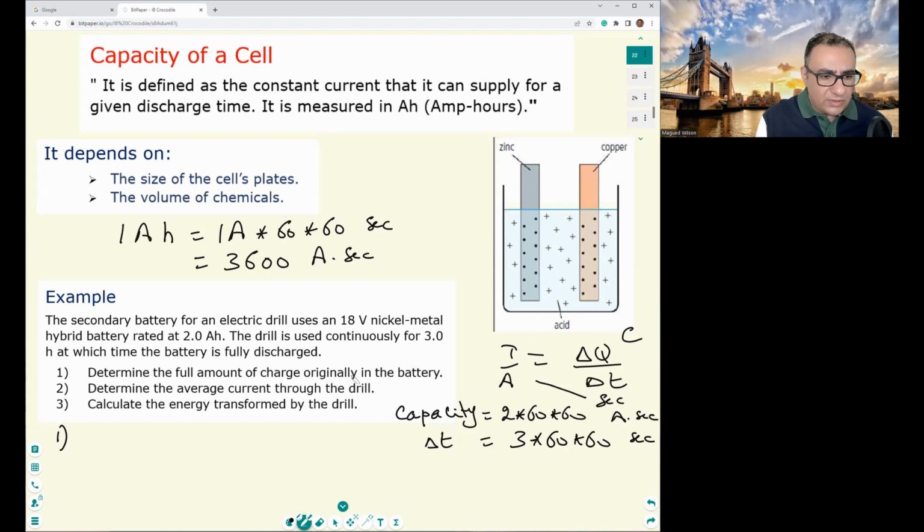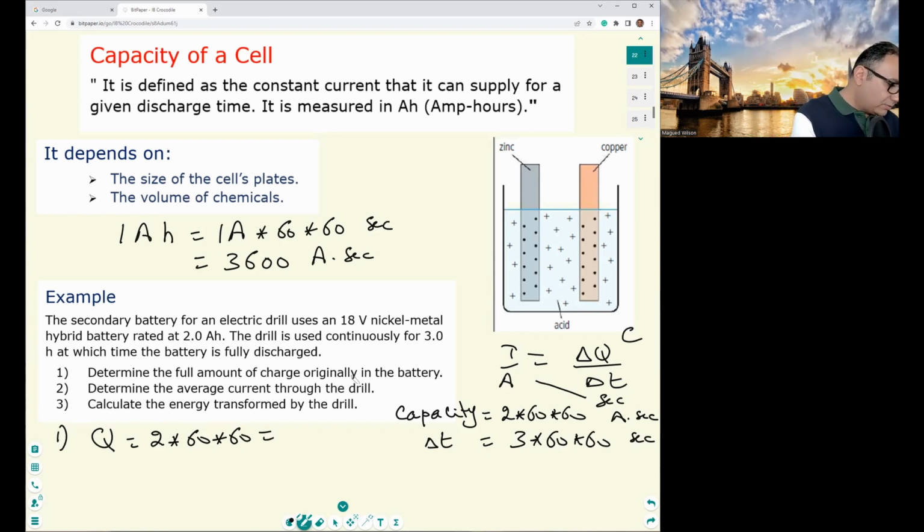So the full amount of charge, Q, is going to be 2 times 60 times 60, which is 3,600 times 2, which is 7,200 Coulomb. This is the full amount.